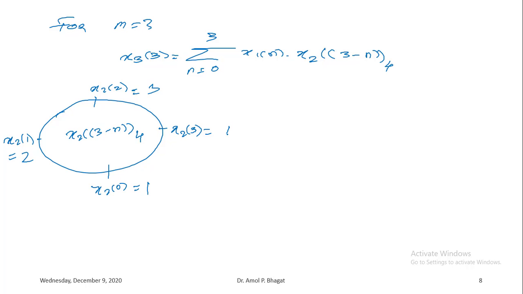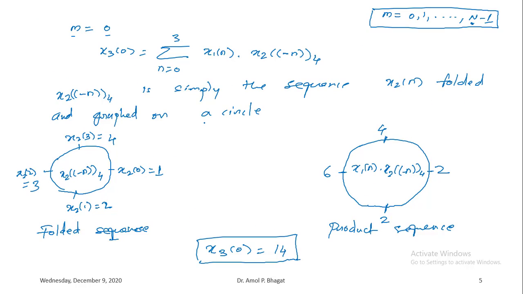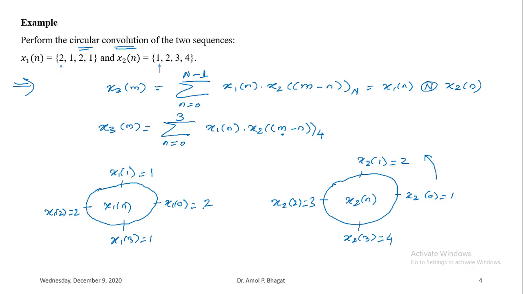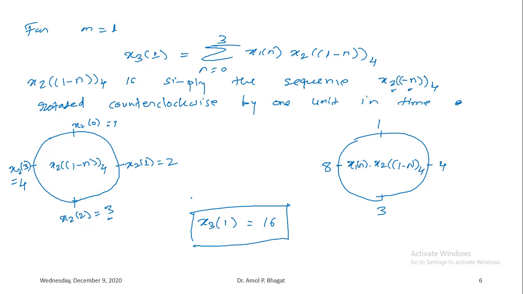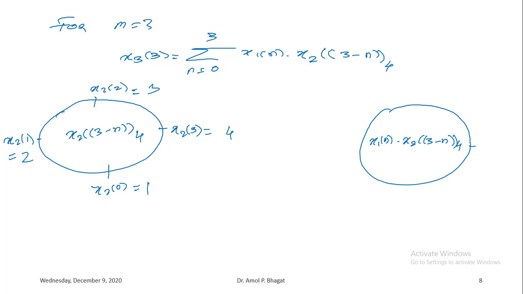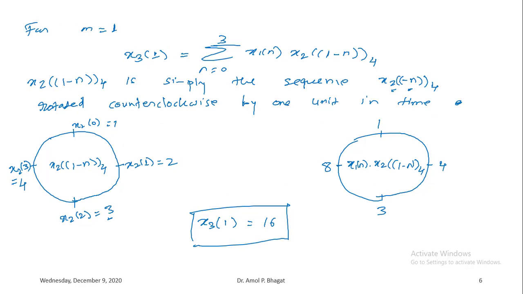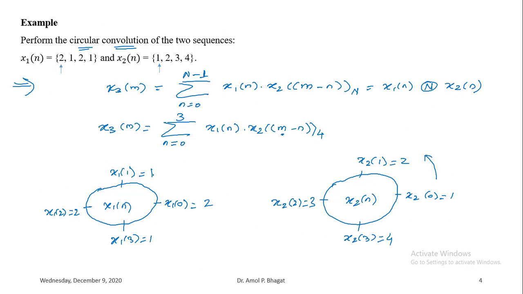Again I will be multiplying these values, that is x1 of n multiplied by x2 of 3 minus n, right? So here the sample value is 4. In case of x1 of n, value is 2, so 2 multiplied by 4 will be 8, right? So here the value is 3, so 3 multiplied by 1 will be 3.